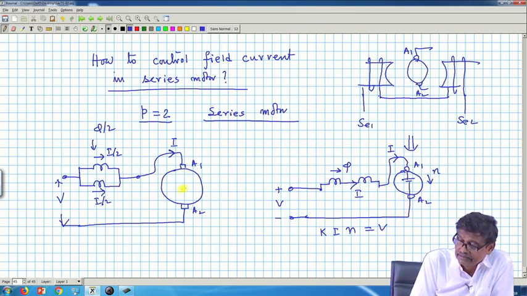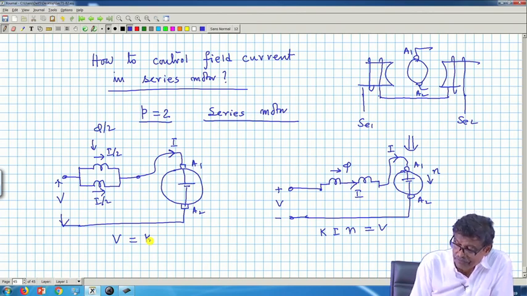In this case, once again back EMF is same as the supply voltage because no drops. So, V is equal to same k into, instead of I, it will be I by 2, and the new speed I want to find out is n2.